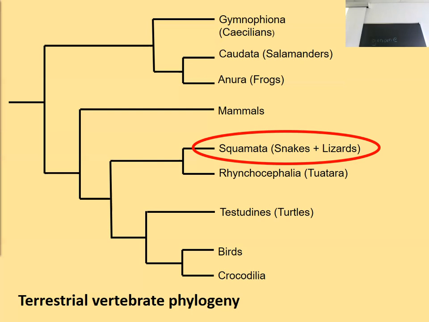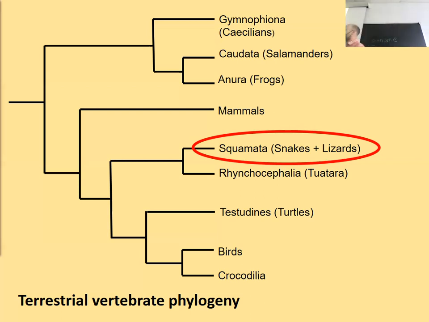Now, those are the extant species within the Lepidosauria, but you'll see some others when we talk about it later. For example, mosasaurs, giant aquatic reptiles that lived around the time of the dinosaurs, are in this group as well, and there's some other really cool stuff. So Lepidosauria right now is just squamates plus Tuatara. When we study prehistoric reptiles, you see that there's some other cool stuff in that group, but they're just extinct now.